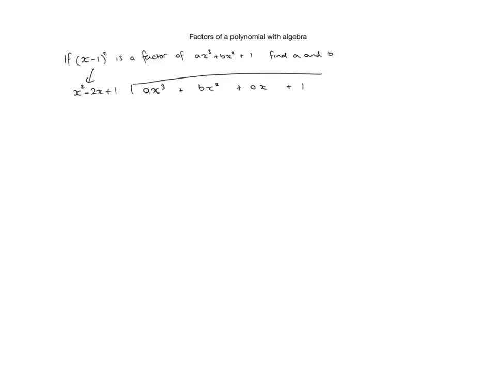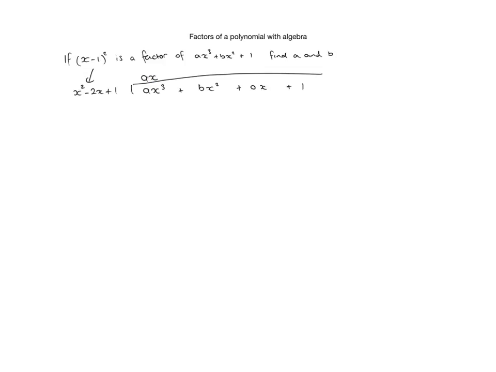What we're trying to do is get from here to this expression here. I have x squared and I'm trying to get to ax cubed, so I need to multiply this by ax. Just double check: ax by x squared will give us ax cubed, which means we're going to multiply this whole expression by this term.